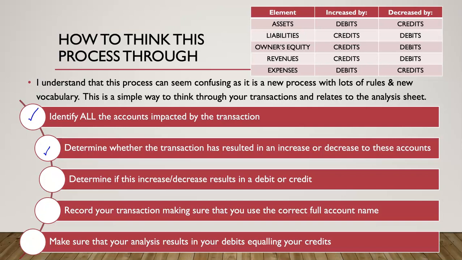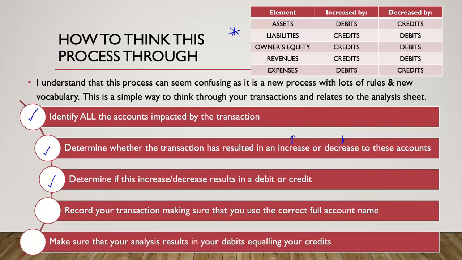And I recommend just simply putting a little arrow, an up or a down arrow, next to what your transaction. You are then going to use PALE, or your table that I've got on my top right, just here, to determine if this increase or decrease results in a debit or credit.